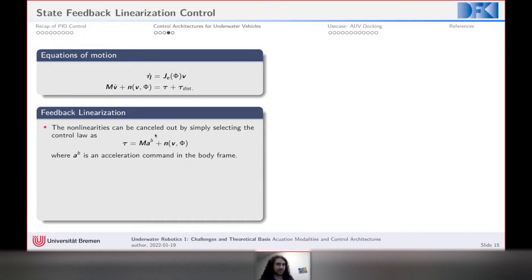And the only thing that I have to control would be this signal here, as if I'm giving as input the acceleration of the system in the body frame.